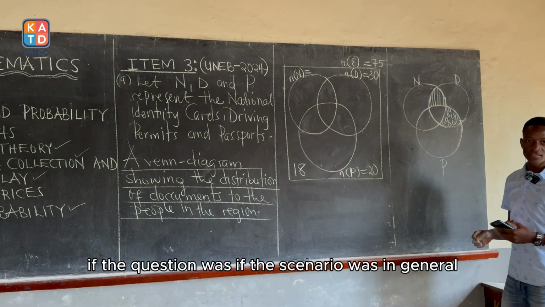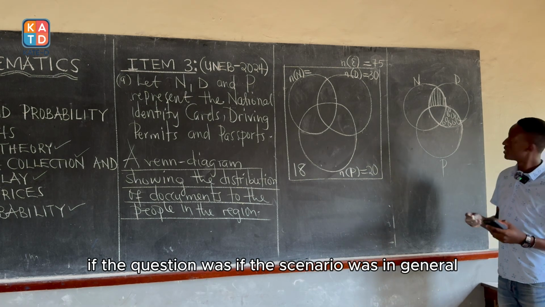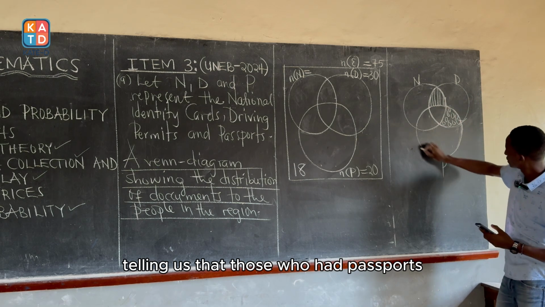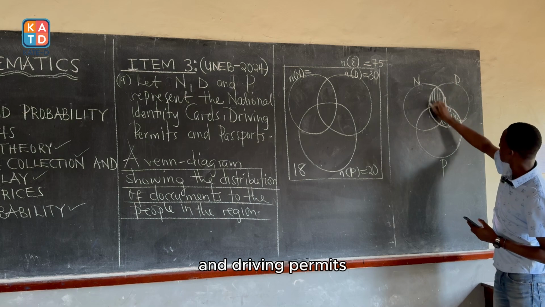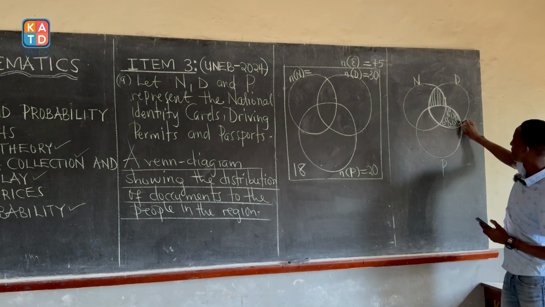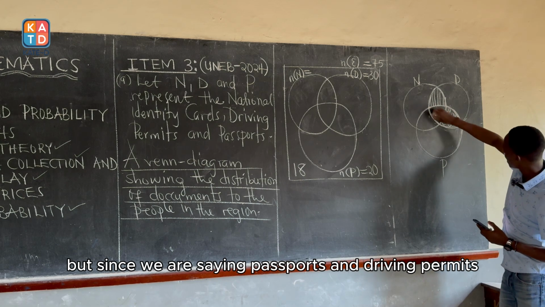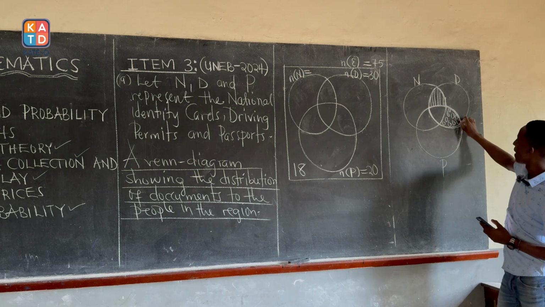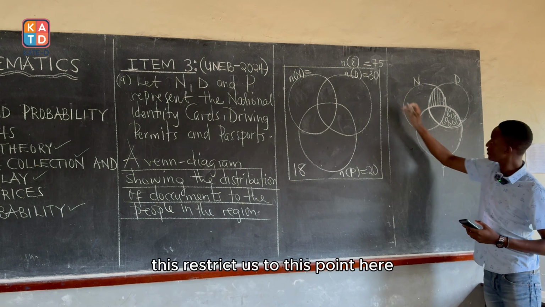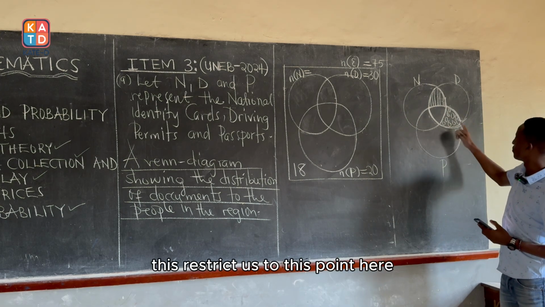If the scenario was telling us in general that those who had passports and driving permits, it means that we would take the whole of this region. But since we are saying passports and driving permits, but not national identity cards, this restricts us to this point here.